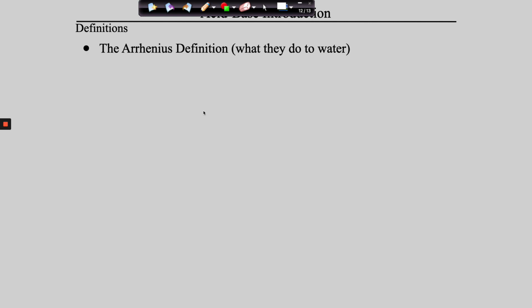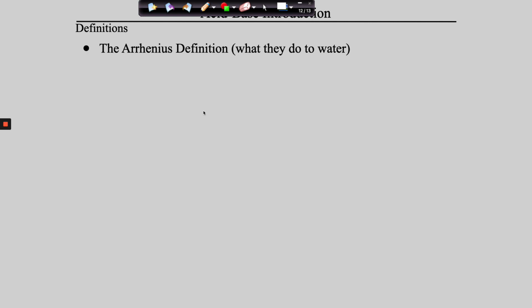But guys, I added this morning to maybe help you better understand this. There's the Arrhenius and the Bronsted-Lowry definition for acids and bases. A good way to think about it is this. Arrhenius is focused on what they do to water. You may want to add it to your notes, but it's a good way to keep these straight.